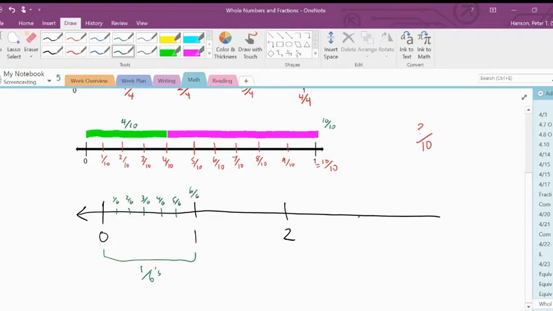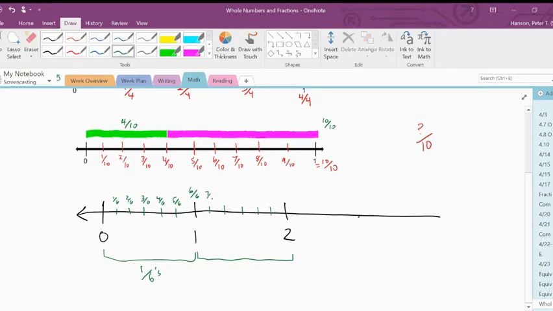Now, what do I do between 1 and 2? I don't start over. I keep on counting because now I have 2 wholes. So here again, I'm going to divide it into 6 parts, but I'm going to continue counting. I had 1, 2, 3, 4, 5, 6.